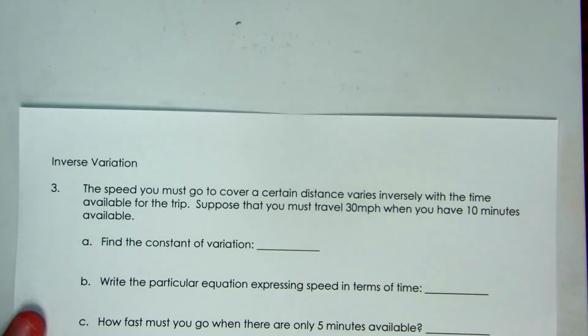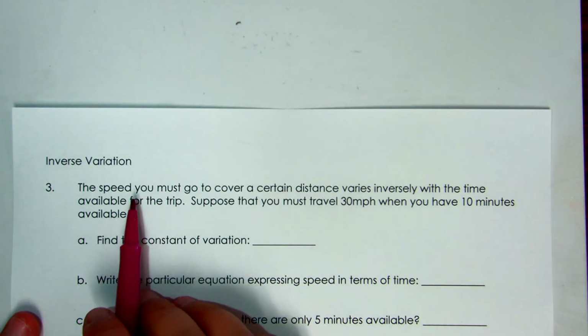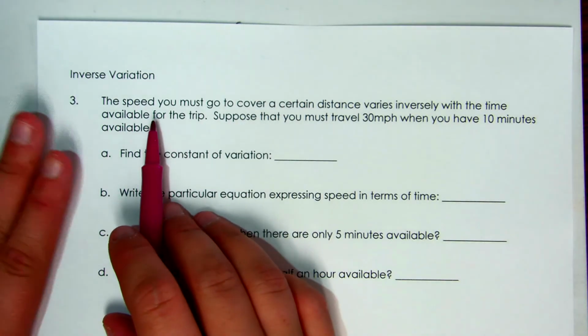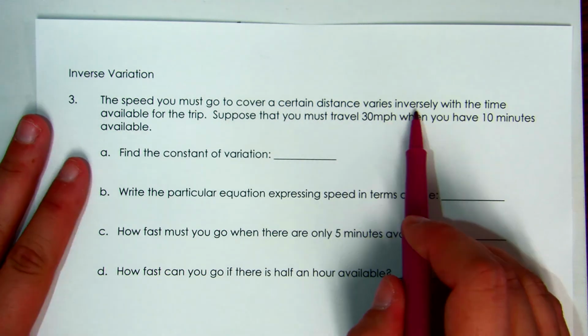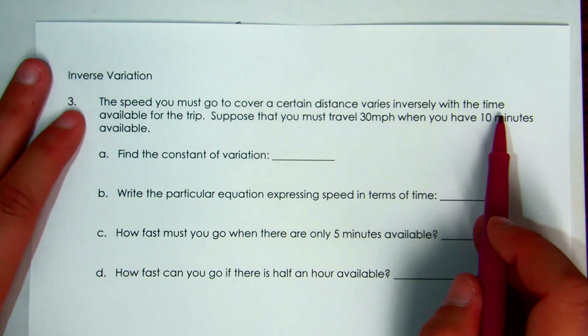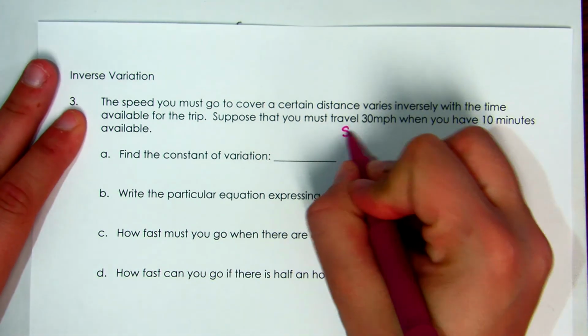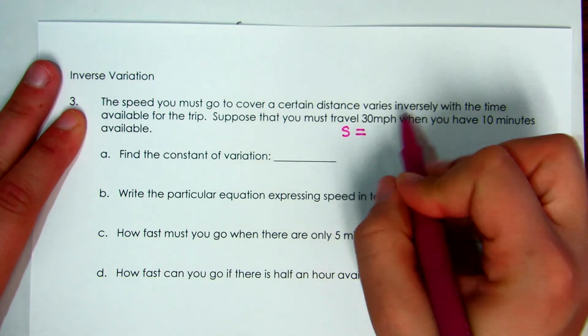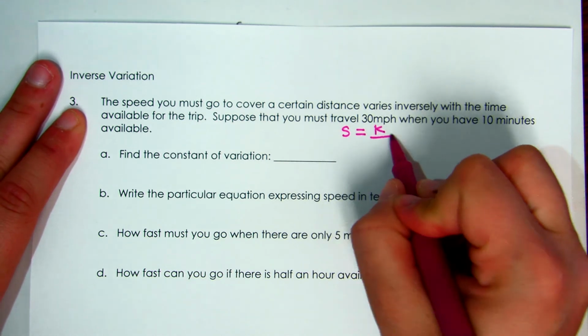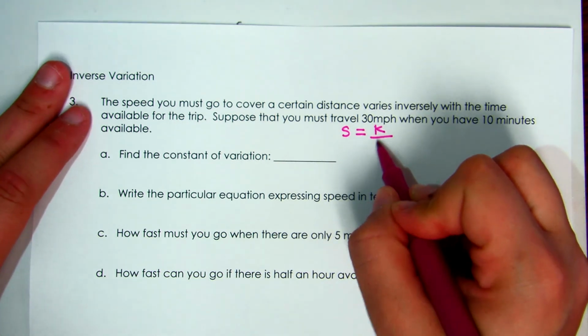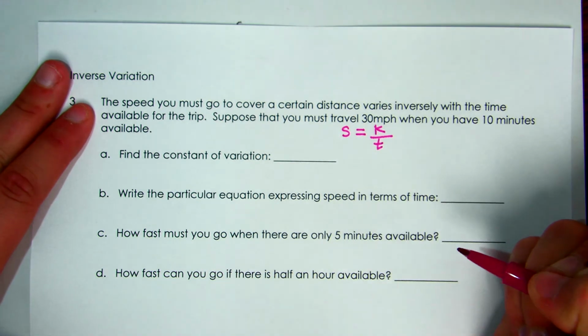On the back, the speed you must go to cover a certain distance varies inversely, now we're doing inversely, with the time available for the trip. So the speed equals, inversely means K over X, so K over the time for the trip.